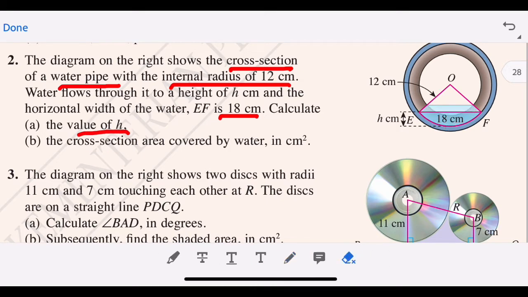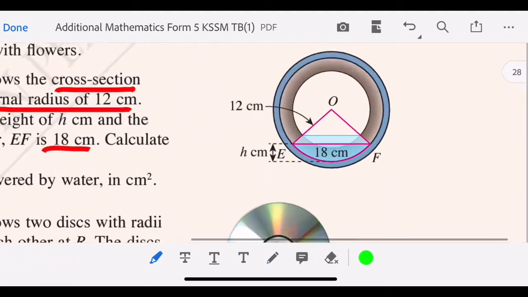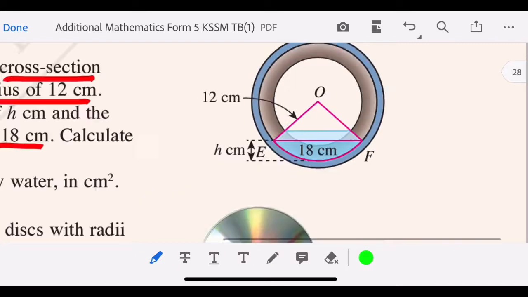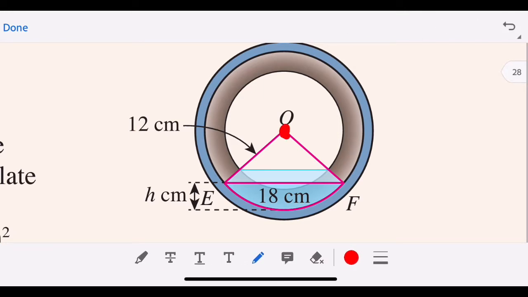Let's focus on the circle first. Let's make it bigger. You are given the center. Normally we will work like this. We try to think of a right angle triangle. This is 12. If I divide 18 into 2, it should be 9.